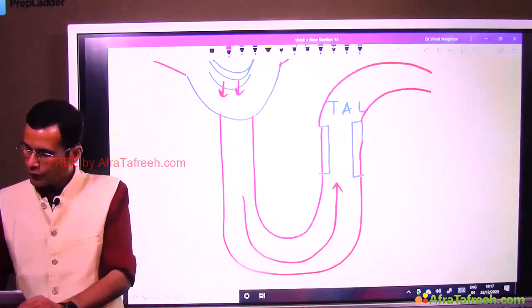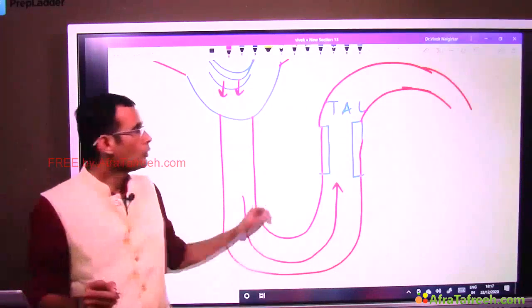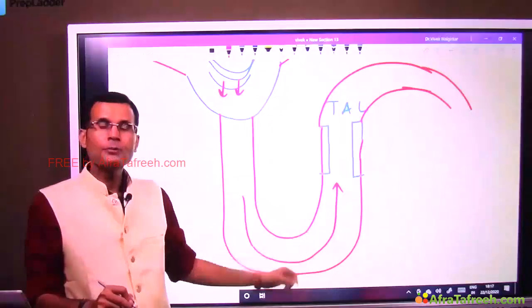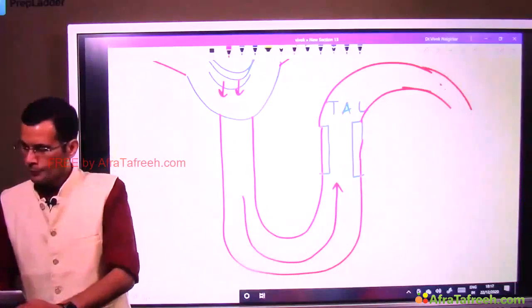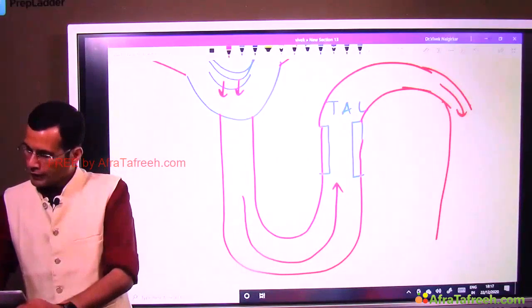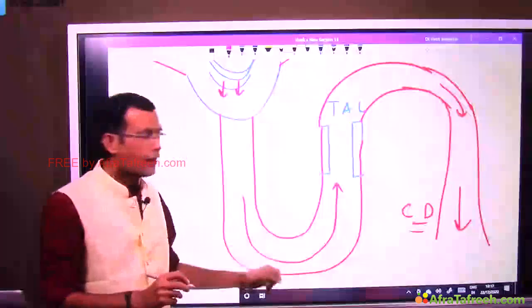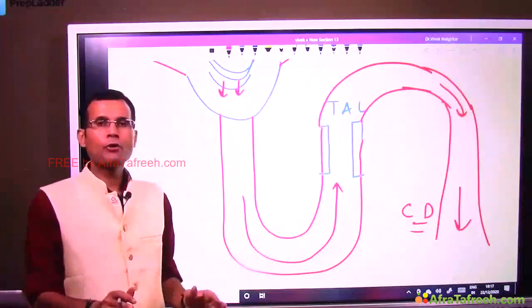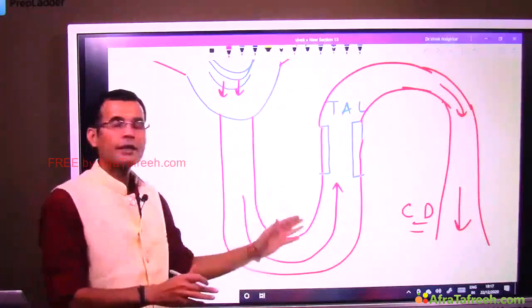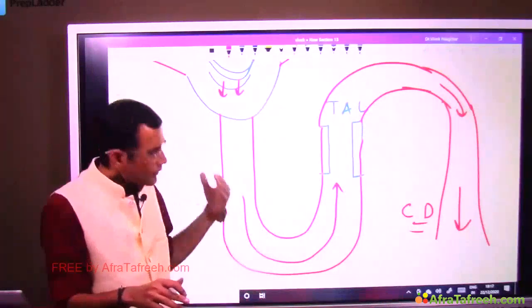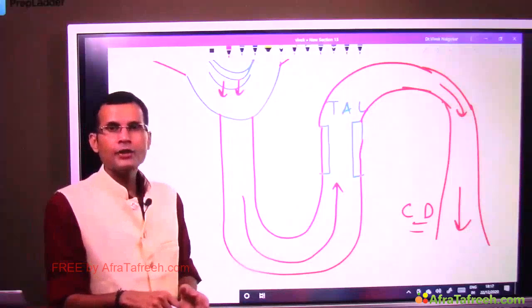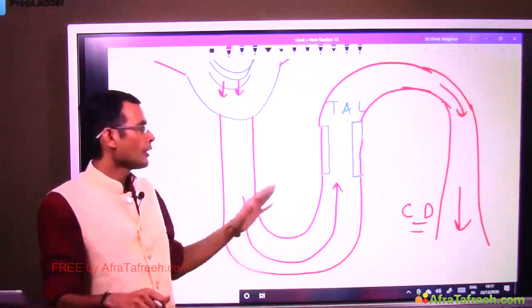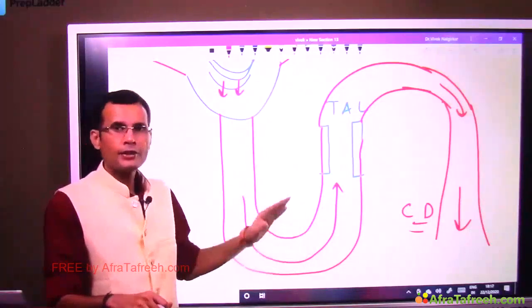Now the distal nephron starts: the distal convoluted tubule, and then a connecting tubule, which will then finally lead into the collecting duct. Final urine formation will happen in the collecting duct. Final pH of the urine, final osmolarity of the urine, all of that will be decided in the collecting duct.